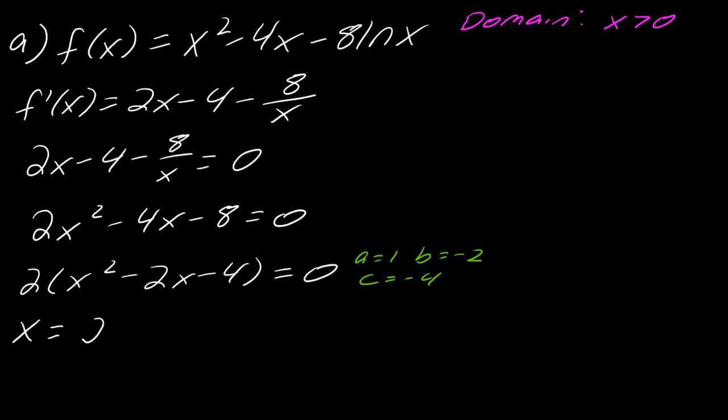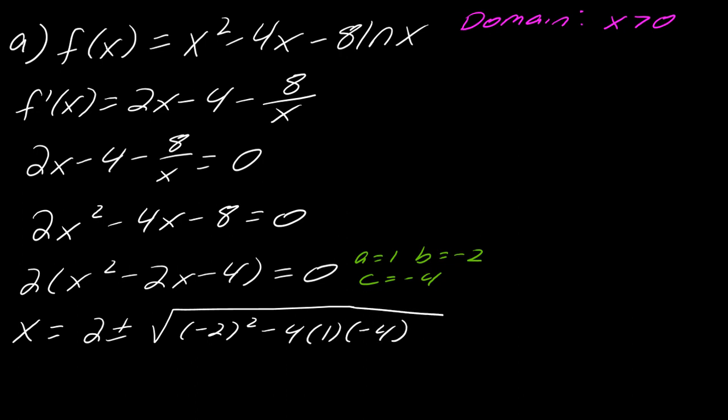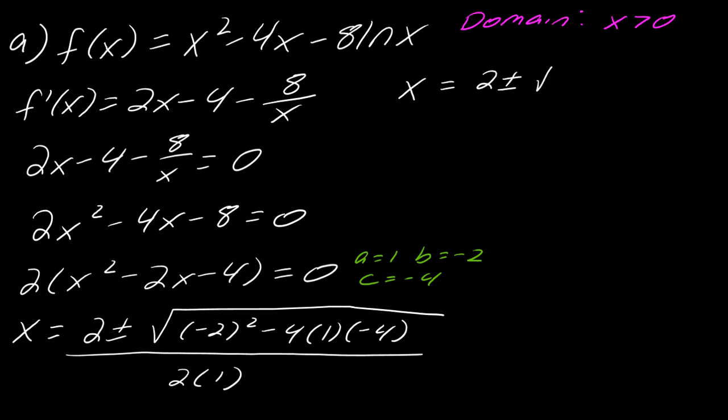So this will become 2 plus or minus the square root of -2 squared minus 4 times 1 times -4, all of this divided by 2 times 1. So if I work all that out, this will simplify really to just 2 plus or minus the square root of 20, all of that divided by 2.